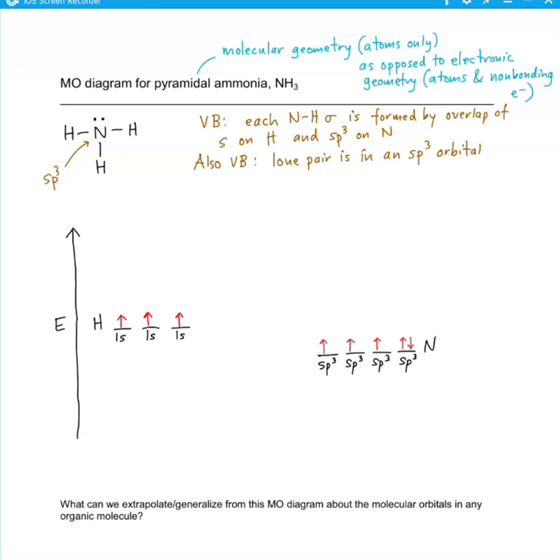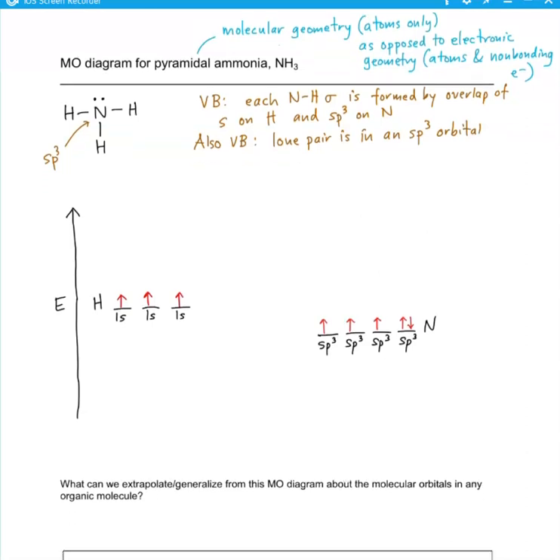Okay, so the first thing we want to do is make combinations of orbitals, one on hydrogen and one on nitrogen, and combine those in phase and out of phase to get each of the nitrogen-hydrogen sigma bonds. So let's start out and do that.